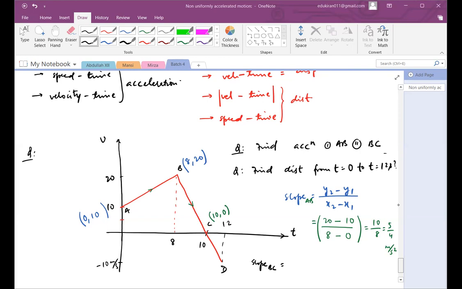For BC, the coordinate of C will be taken as x2, y2, and the coordinate of B will be x1, y1. So it will be y2 minus y1 divided by x2 minus x1. So it will be minus 20 by 2, or minus 10 meter per second squared.